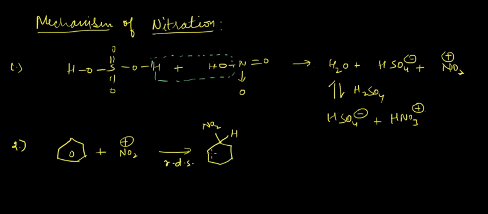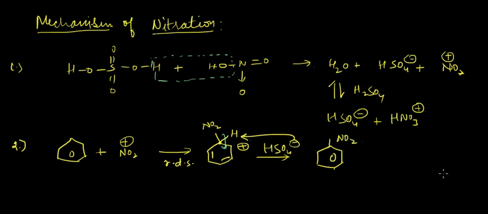This is called the arenium or Wheland intermediate, and in the presence of HSO4 minus, this HSO4 minus will attack the hydrogen present on the ring and will form a negative charge on this carbon atom, which as a result forms a double bond between the positively charged carbon atom and itself. So we have something like this structure formed, obviously with H2SO4 also formed.